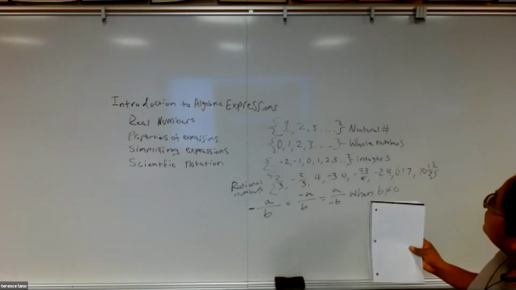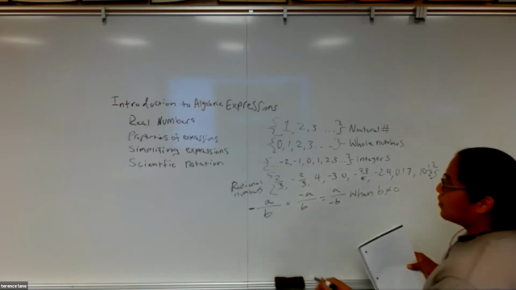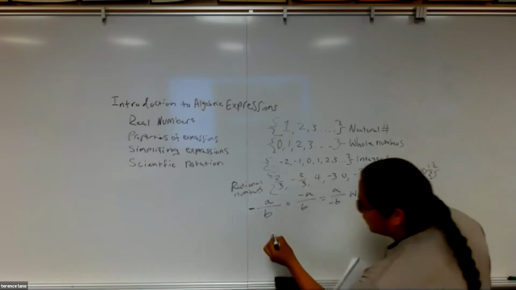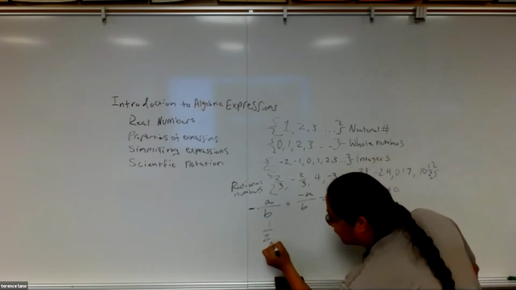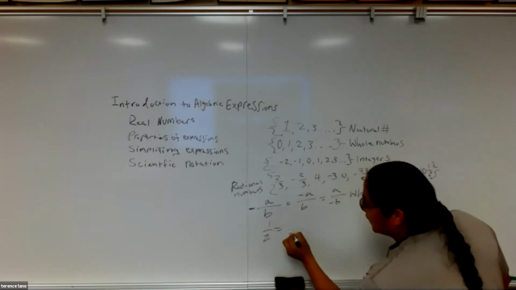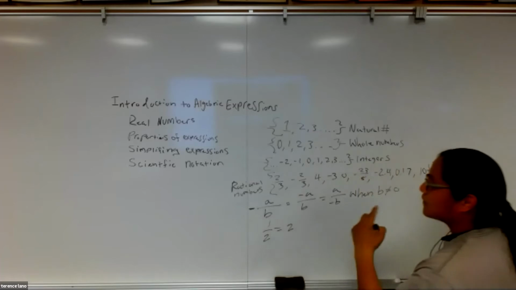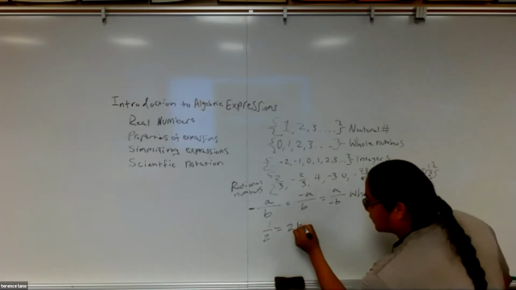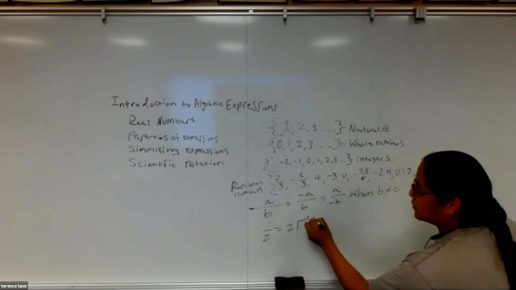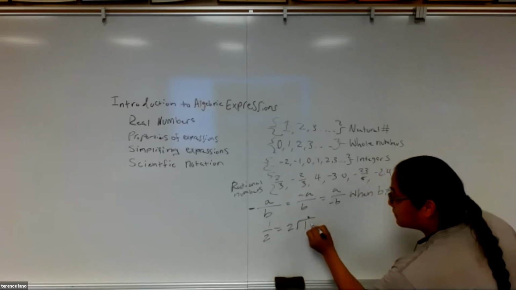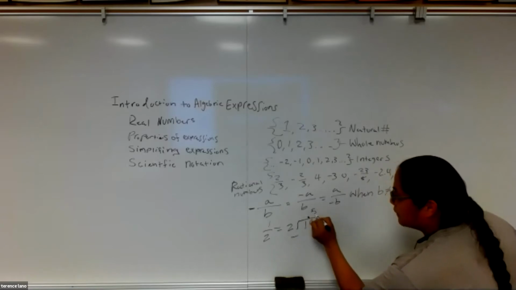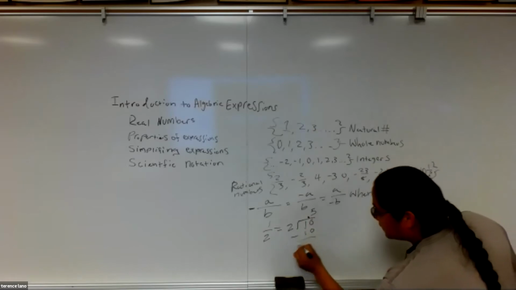And when it comes to our rational numbers, we can convert rational numbers to decimals. Like we could have 1/2 here, and if we were to convert it, we would divide, have our denominator on the outside, and divide it by our numerator. 2 cannot go into 1, so we're going to have to add a decimal and a 0 here. 5, 10.